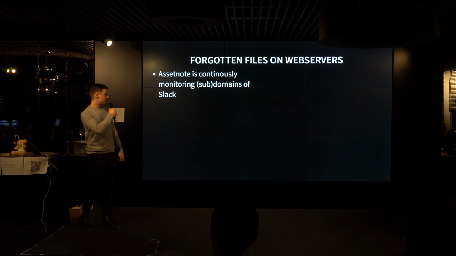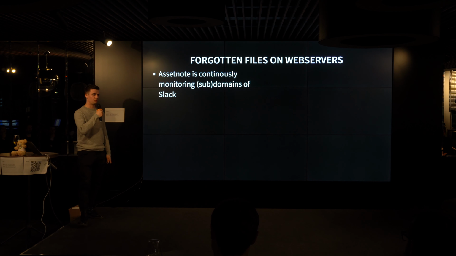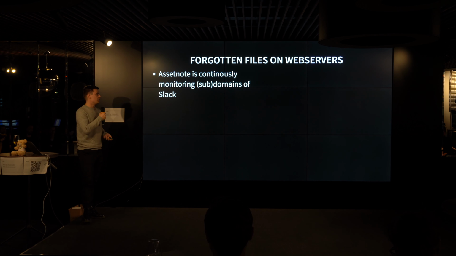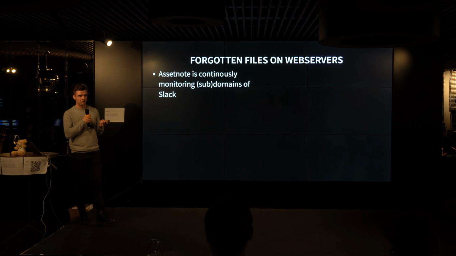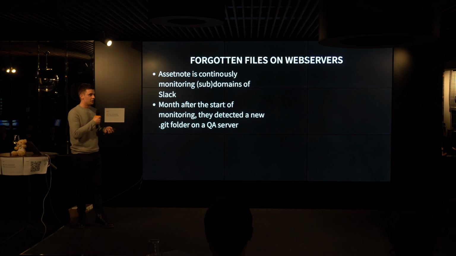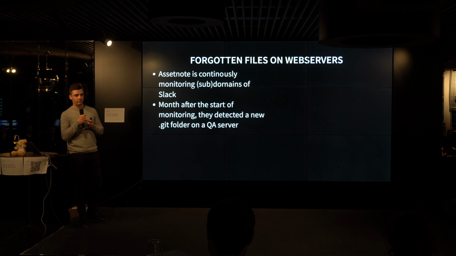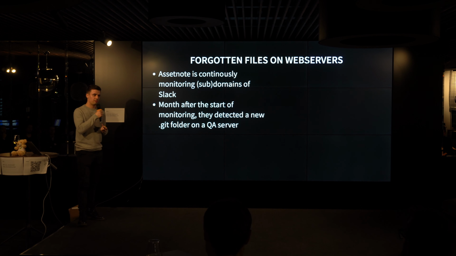So here I will tell you the story of AssetNote, which is one of the tools which I mention in the end. They are basically doing this continuous monitoring of your public exposure. They were monitoring subdomains of Slack, and they were searching for newly created .git files or some .env files, some private files which aren't supposed to be there.